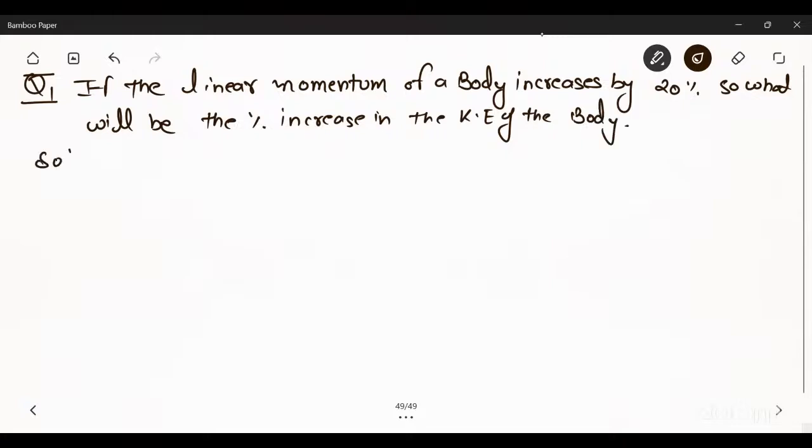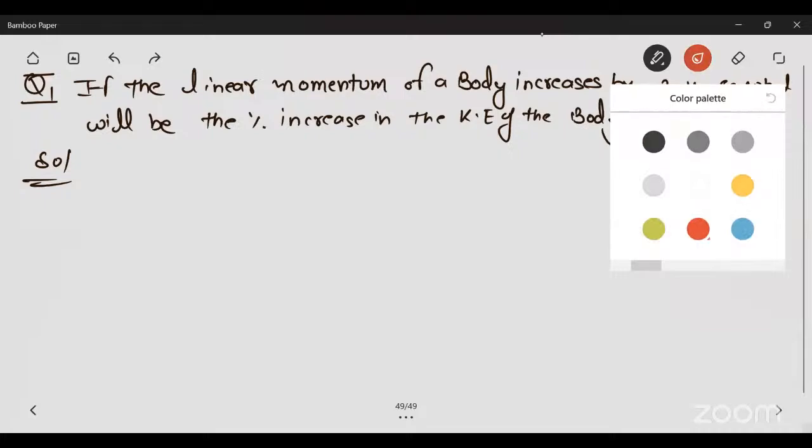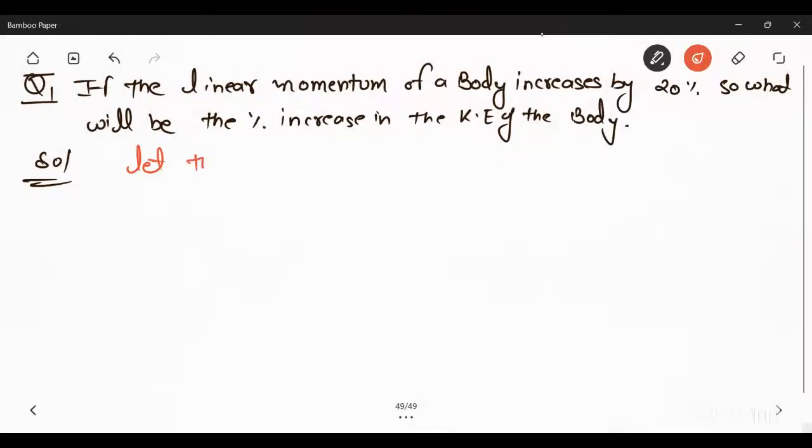So see the solution. Linear momentum of a body increases by 20%. Let the initial momentum be P and KE be K. So what is the relation between momentum and kinetic energy?